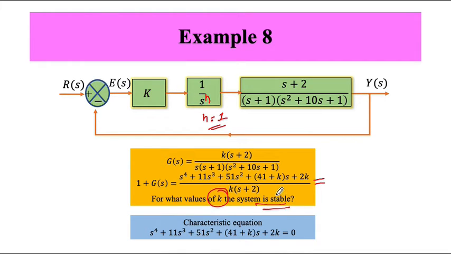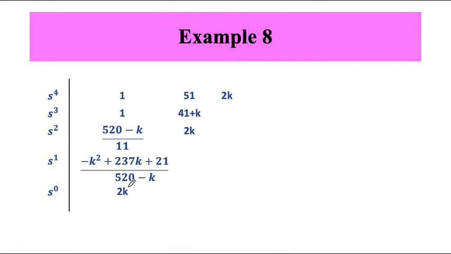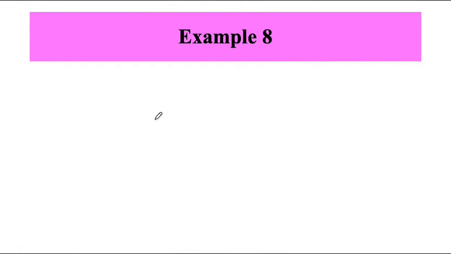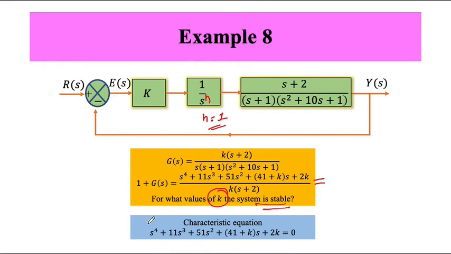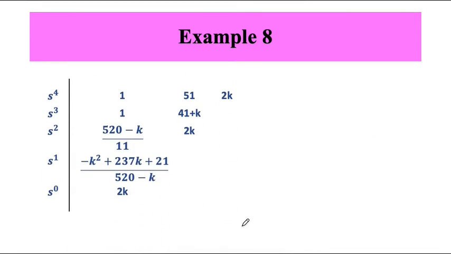So for that we will calculate the Routh array table for this characteristic equation. If you see the earlier slide, for s to the power 4 it's 1, then 51, then 2, and over here it is 11 and 41 plus K. From that we are making this Routh array.